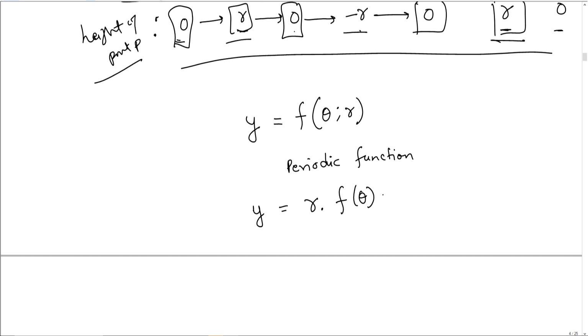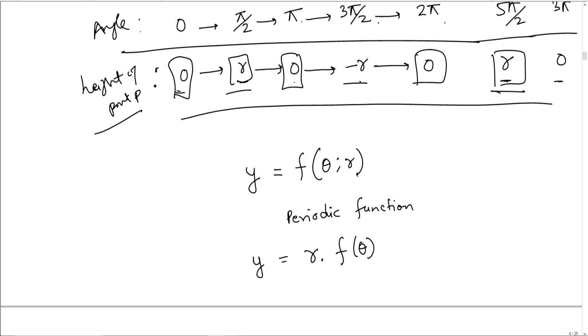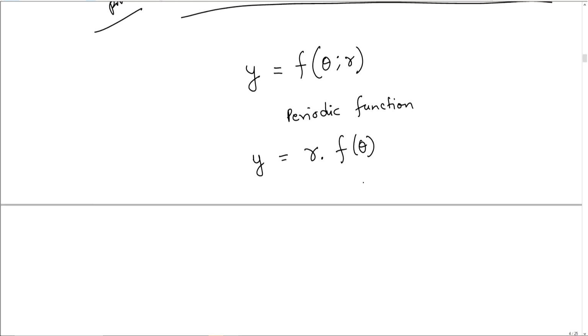So, let us say there is some function of theta and you multiply r with that function of theta, which is fine because we are seeing this r term multiple times in the value of the function. And what if we write y by r is a function of theta?